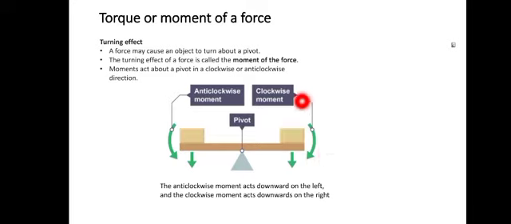Likewise, if you apply a force on the left hand side, then this force will cause this swing to move in an anti-clockwise direction. The pivot point is also called fulcrum. This swing is free to move around this pivot point.